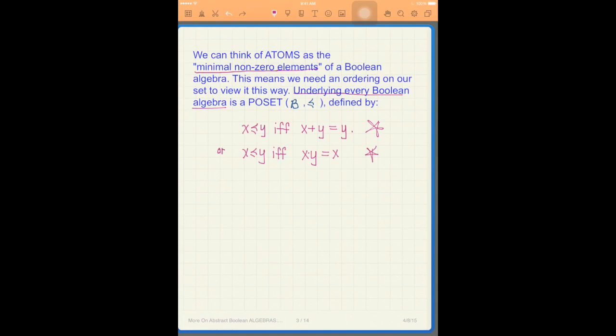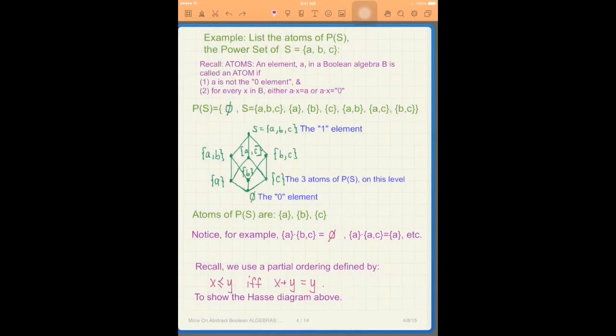Now, if you have an underlying order, if you have a poset and you're talking about minimal elements, what do you think we could do there? Well, we could draw the Hasse diagram. So here's an example to list the atoms of the power set of S. And let's take S just to be the set A, B, and C so that we can stop our Hasse diagram here at some point.